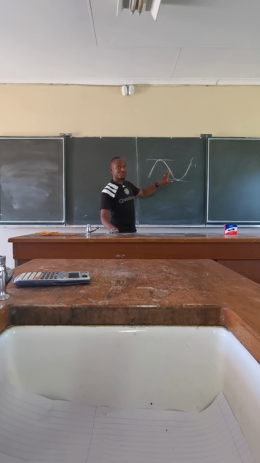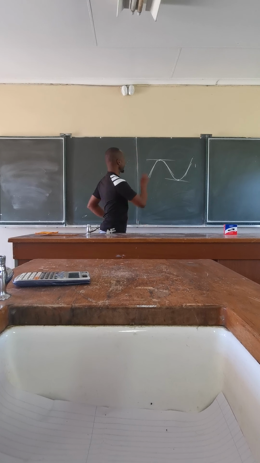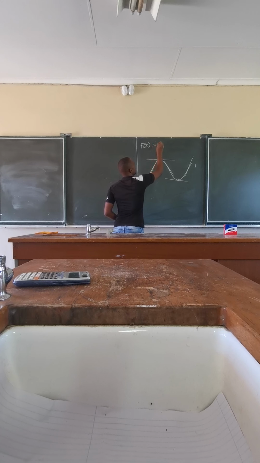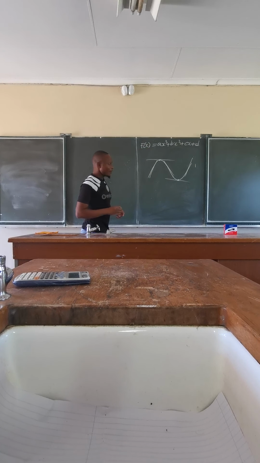Now there's a relationship between the gradient of the tangent to a curve and its derivative. So if the function is given by ax cubed plus bx squared plus cx plus d, and you need to find the turning point for that function.